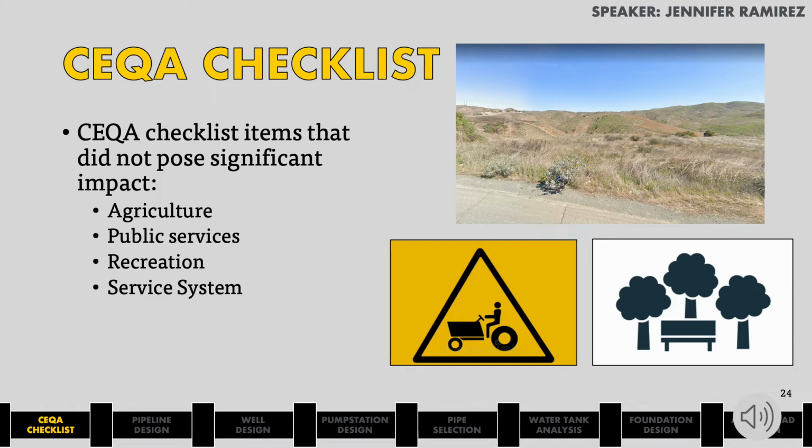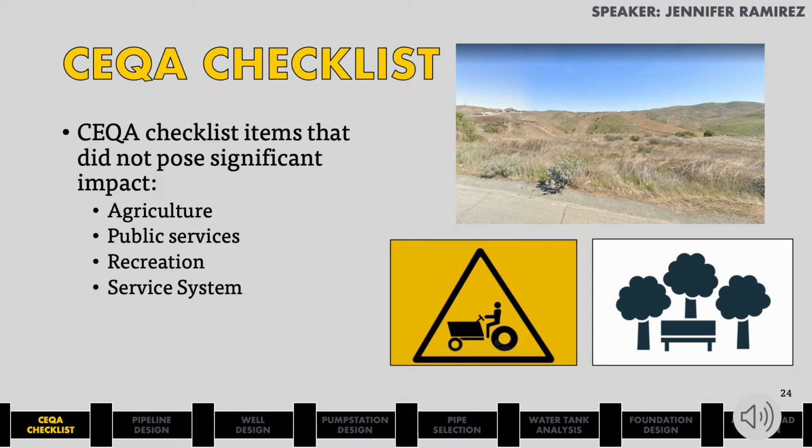As for public services and recreation, the project site location is private land and we have no intent of constructing any public system for public or recreational usage. The fourth and last category is service systems. The project does not propose the utilization of wastewater treatment facilities, as the water discharge will be filtered in the ground or diverted to the creek and used for dust control.